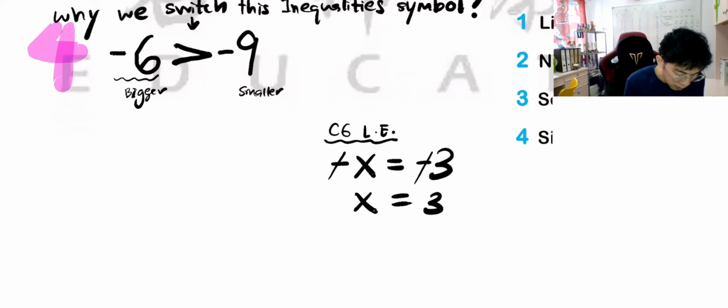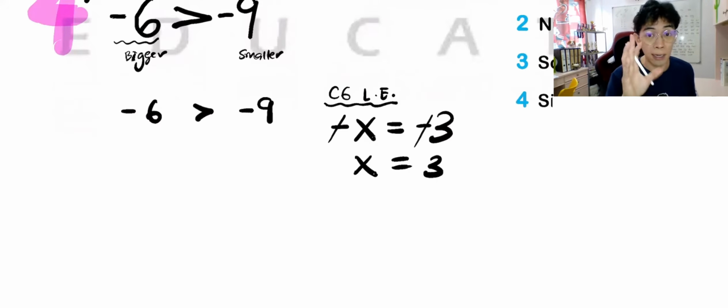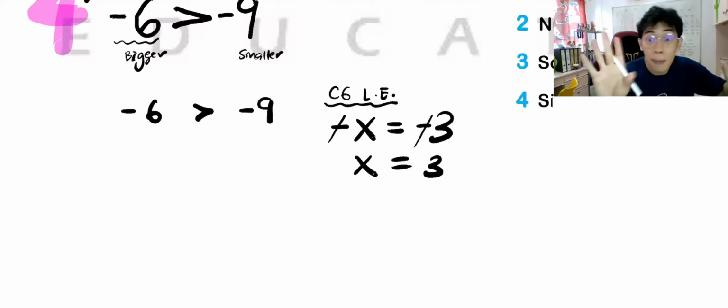Now I'm going to write -6 greater than -9. Do you notice linear equation and linear inequality somehow look kind of similar? It's just that one is equal, one is not equal, because they mention the word inequalities, ketaksamaan. But they share the same workings as the linear equation concept, bring here and there, same one.